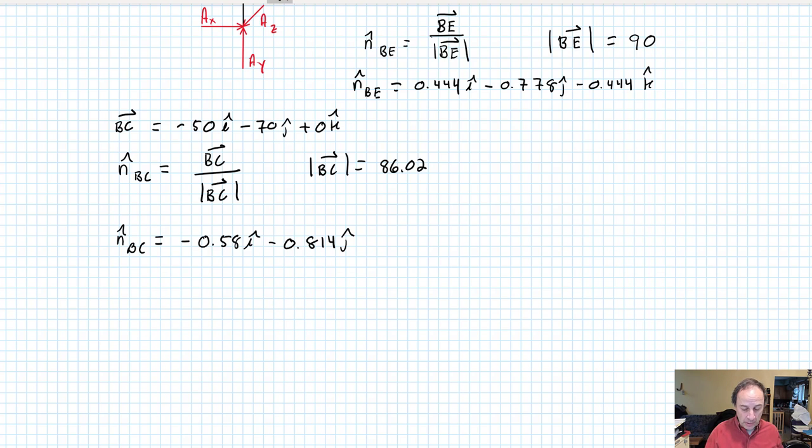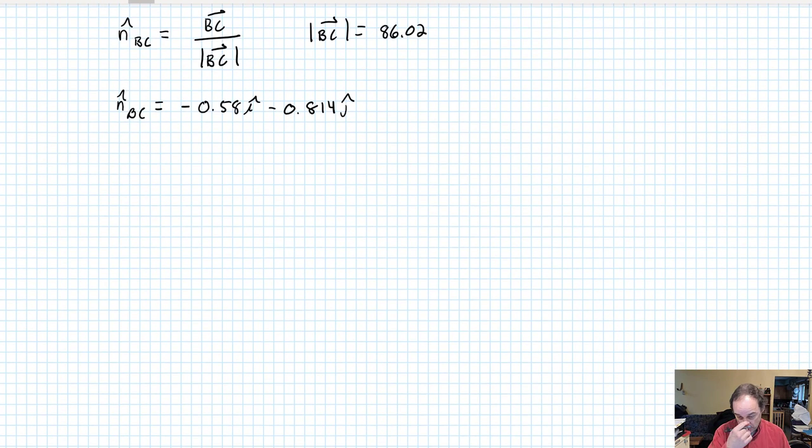So now the force vectors themselves are just the magnitude times the unit vector. Let's write those clearly. The force vector FBD is going to equal 2.0 kilonewtons times its unit vector.